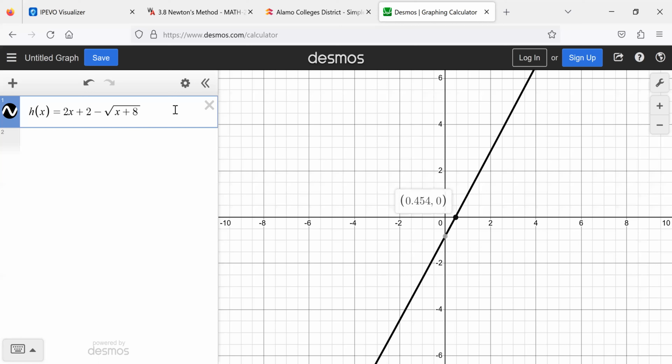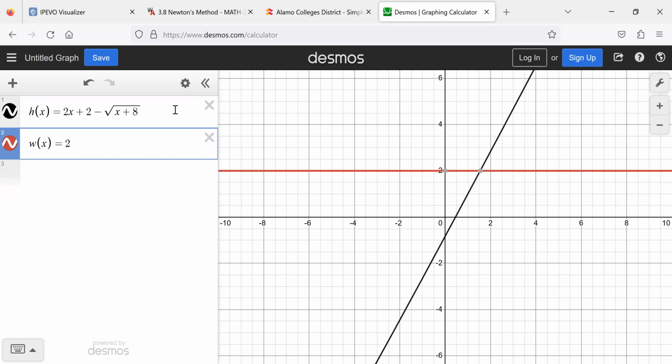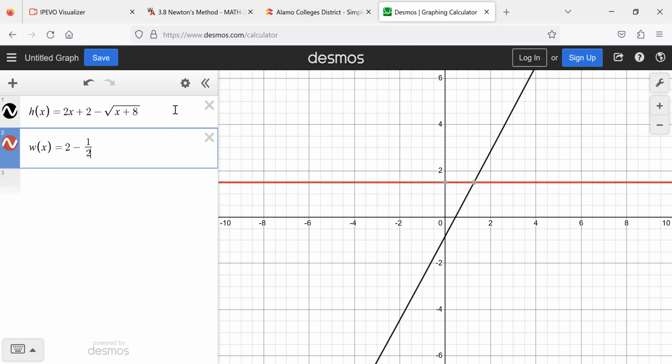What I recommend is just use this to help you out. I'm going to call it W for no reason. So the original is right there. The derivative was 2 minus 1 divided by 2 square root of x plus 8.